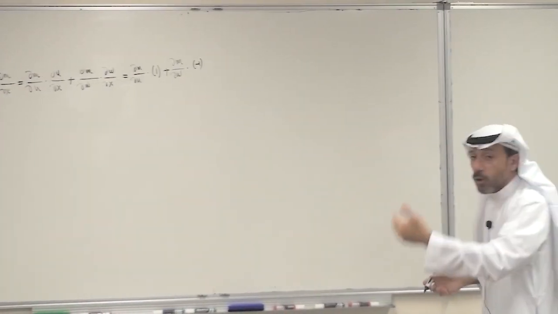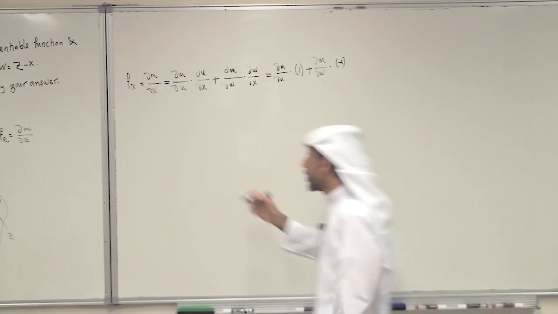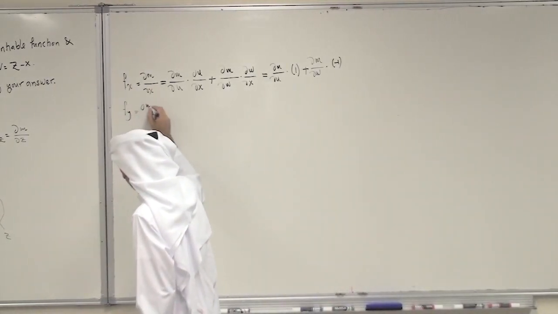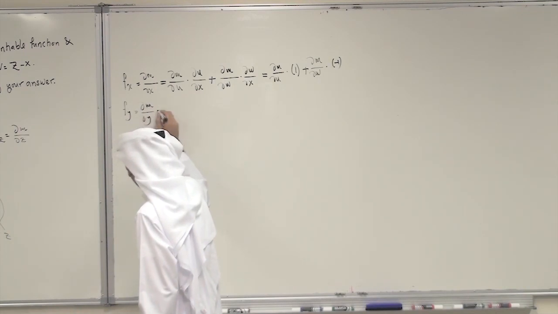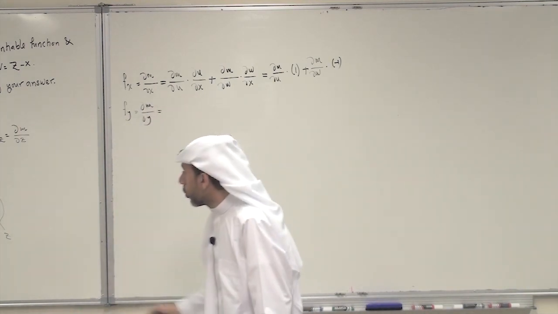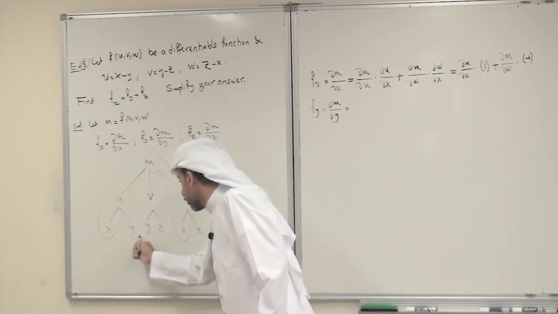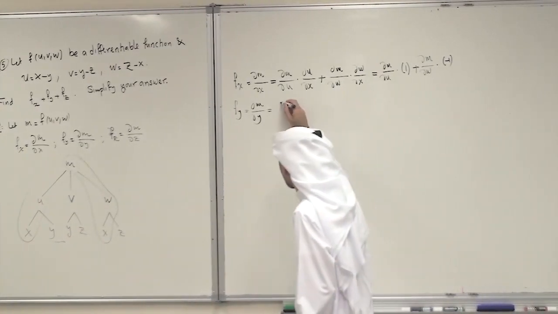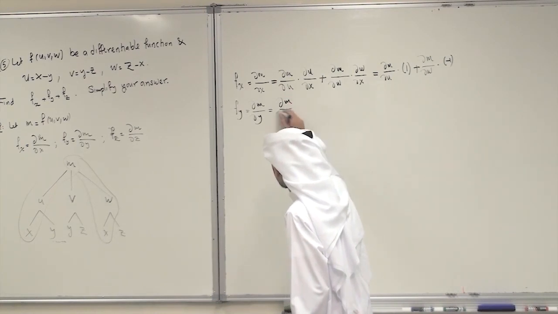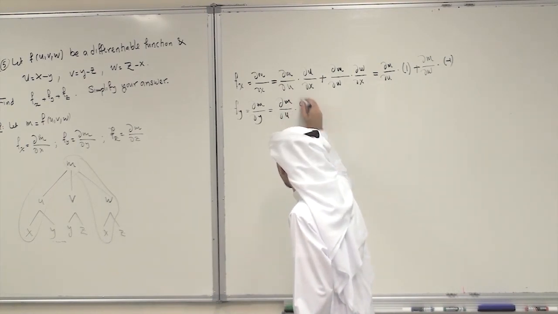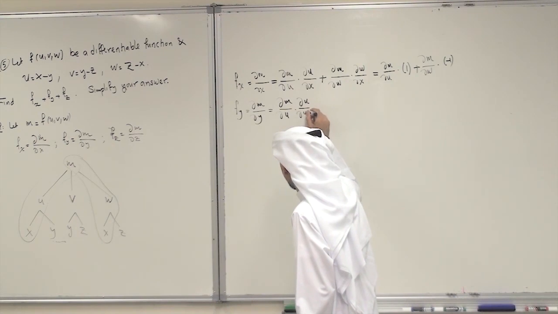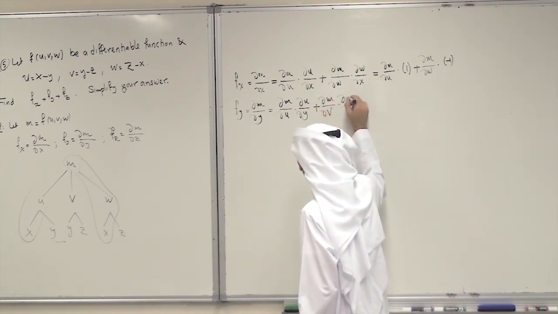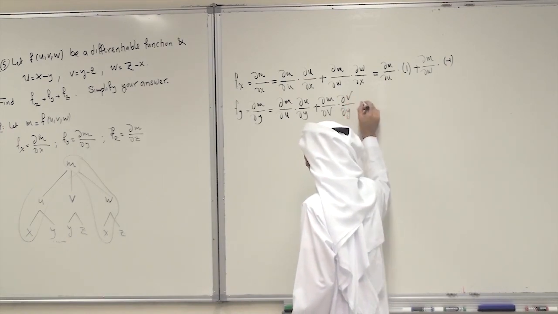So this is partial m, partial x. We do the same thing for f sub y and f sub z. So this is f sub y, quickly here. This is partial m, partial y. And through y, we have just these two paths, through u and v. So this is partial m, partial u times partial u, partial y, plus partial m, partial v, partial v, partial y.